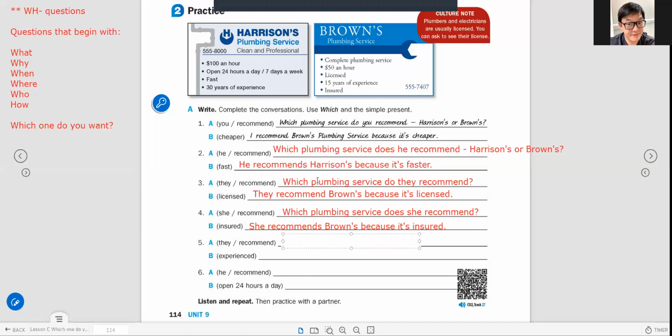They recommend the same thing as this one. Which plumbing service do they recommend? Experienced. I can make it comparative here. So I can do like this. They recommend which one?